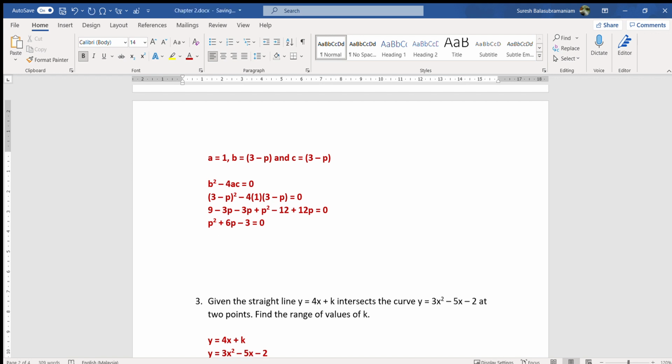Okay, so I need to find the values of p, so factor that. Let me check, oops, sorry, it's not 12p here, it's 4p. So negative 6p plus 4p is negative 2p.